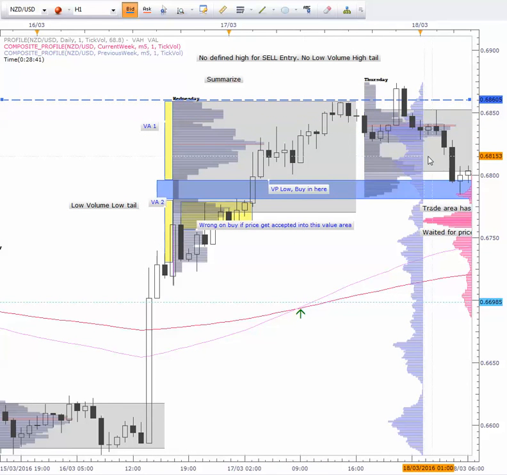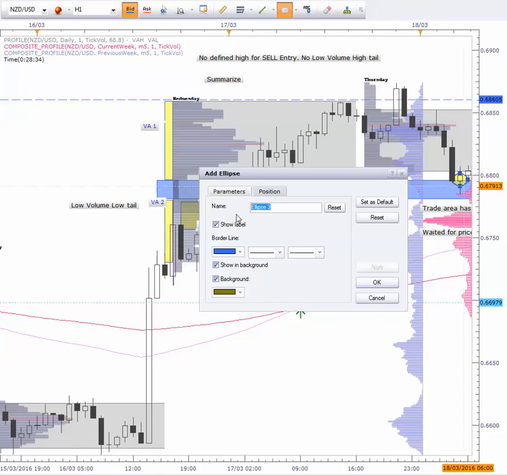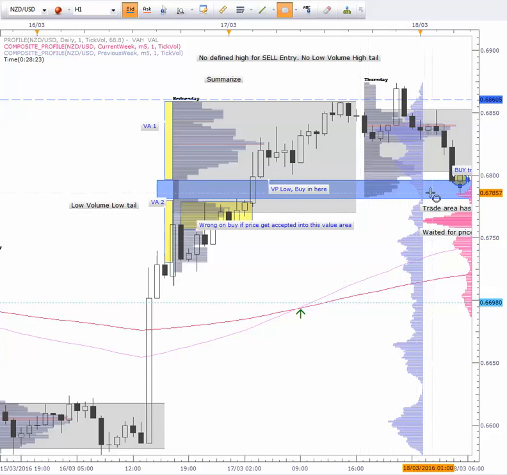I am now here, buy trade open. So my buy trade is open, and what do I need? I need a target and I need a stop.